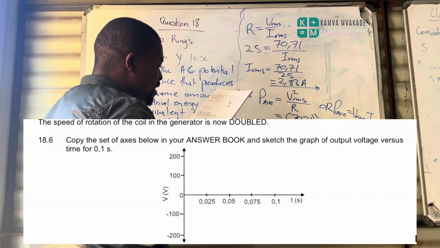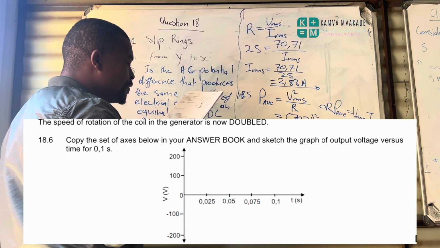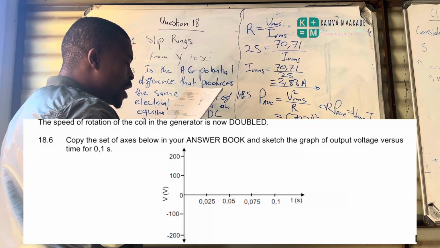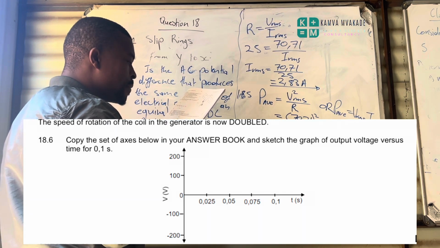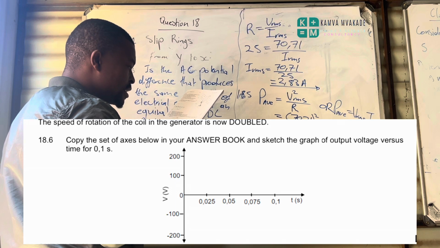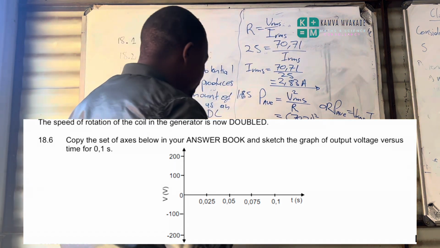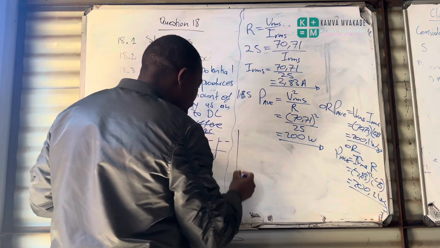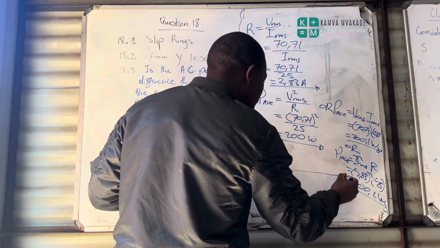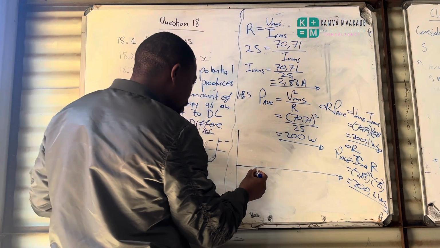Copy the set of axes below in your answer book and sketch the graph of the output voltage versus the time for 0.1 seconds. So, good people, this is what we are going to do now. You copy it as it is.